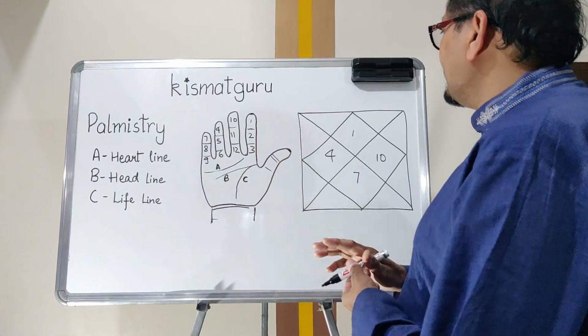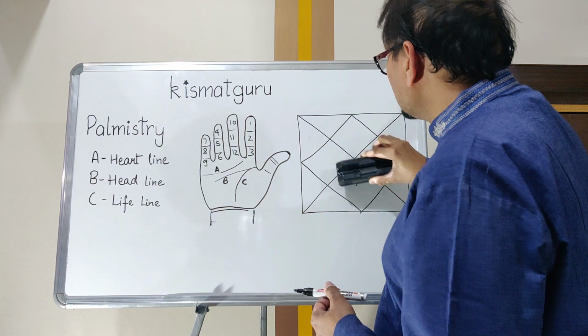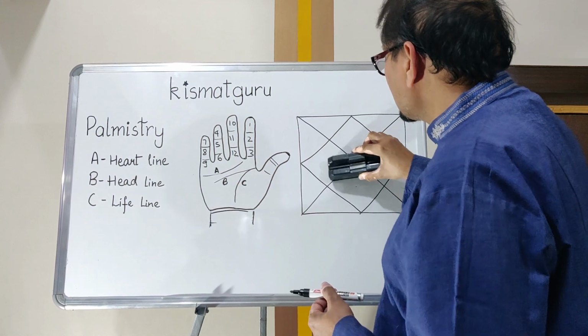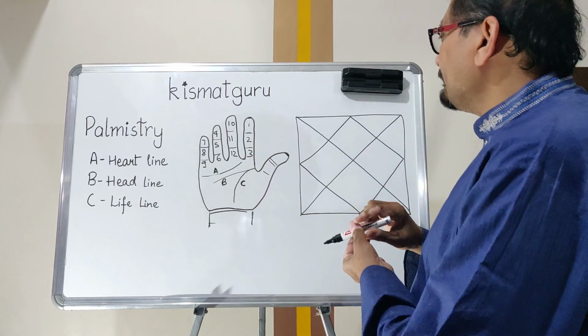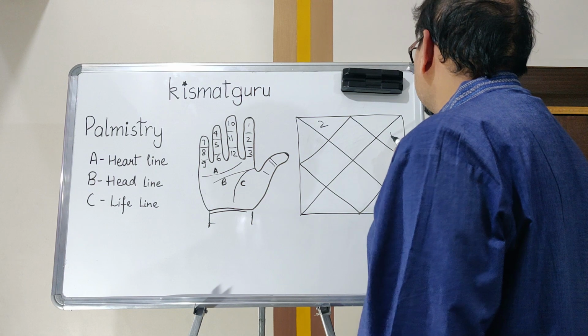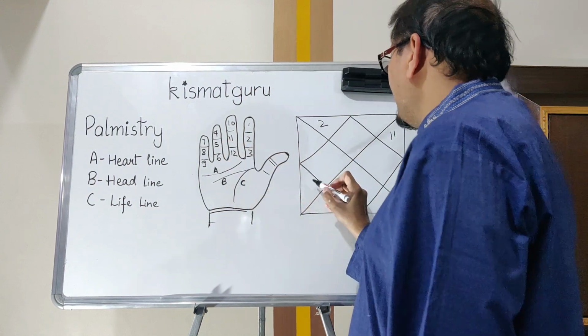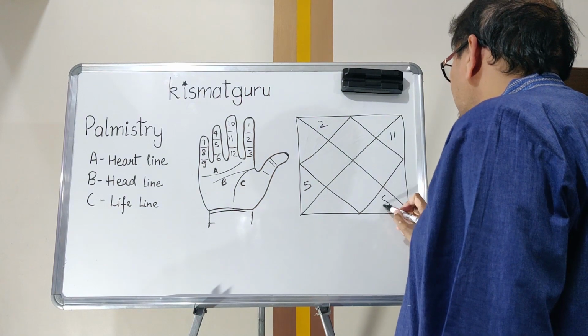Now, let's go to the middle phalange. I will just remove these first. Now, the middle phalange is house number 2, house number 11, house number 5, house number 8.